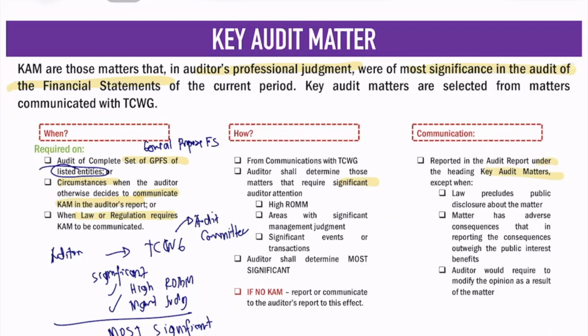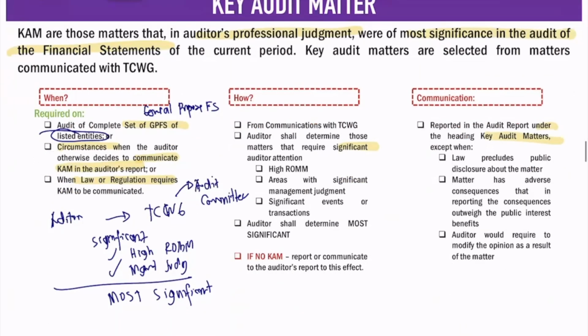Generally, what's happening here is that there is first the addressee, and then the opinion, and then the basis for the opinion, and after that you have your key audit matters. In your key audit matters, generally what is presented there is why the matter was considered the most significant and how you addressed it.